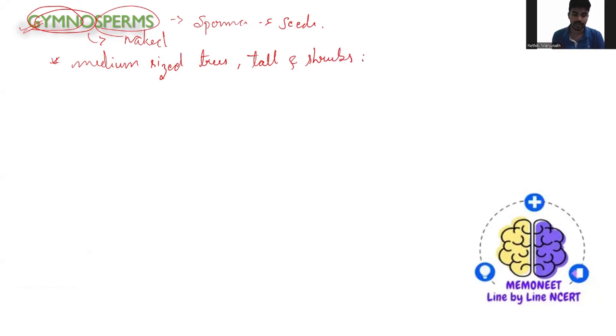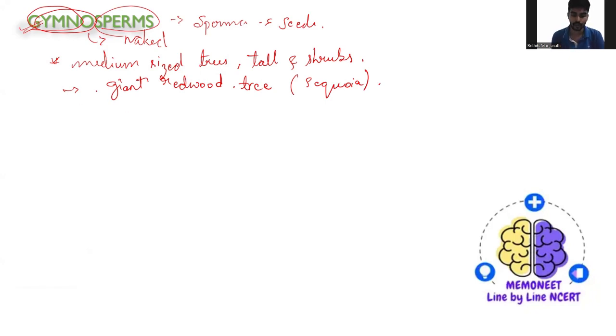One example of the gymnosperms is the giant redwood tree, which is also called sequoia. It is one of the tallest tree species that you will ever see among the gymnosperms.